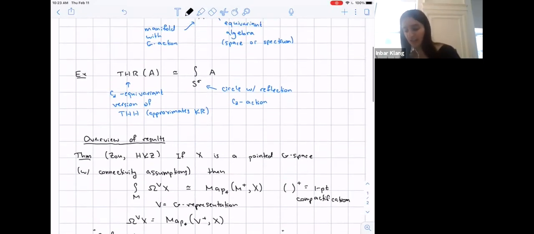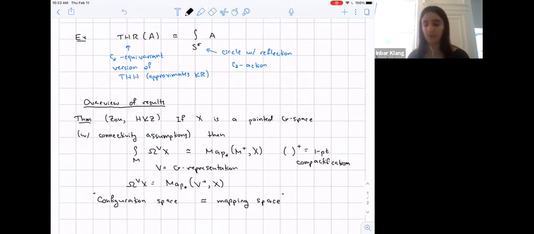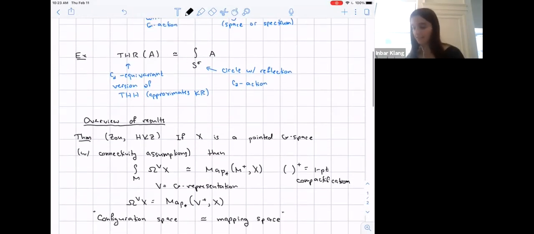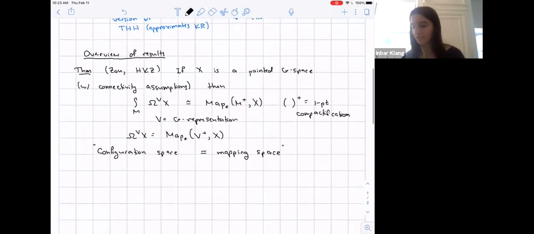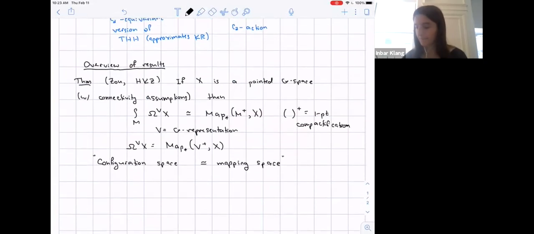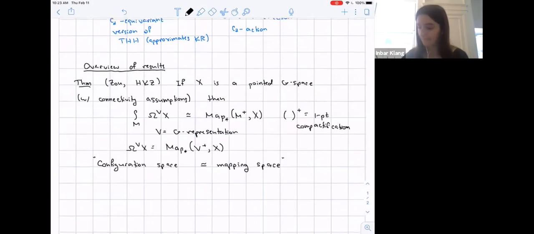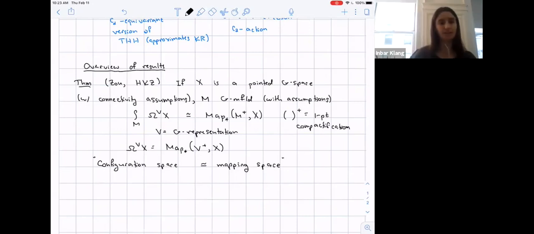There's a question in the chat: does M also have a G action? Yes. Let me say what M is. M is a G manifold, also with assumptions, which I'll say more precisely later.